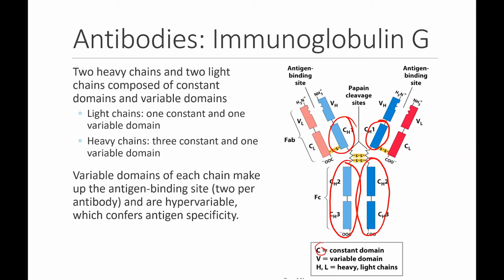Okay, so we can see the constant versus variable areas, and then the heavy and light chains are documented by H versus L. So for example, all of the light chain on this portion, this is light chain, and here we have light chain.